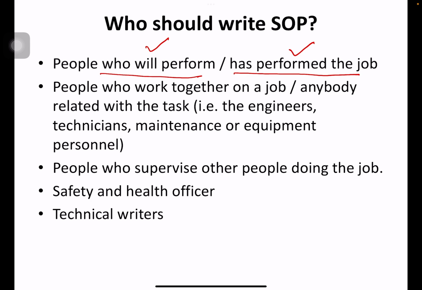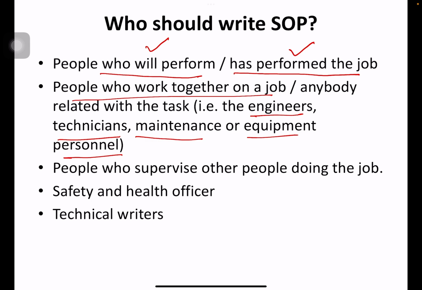Other than that, people who work together on a job, for example the engineers, technicians, maintenance, or equipment personnel, can also create the SOP. You are going to work together, and since you are working on the same procedure or process, then as a team, you can create or write the SOP.